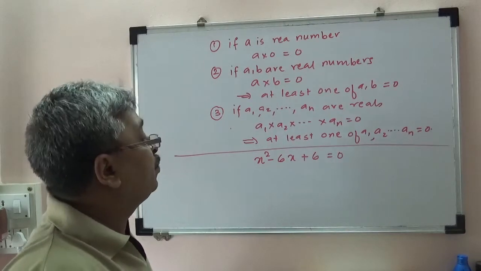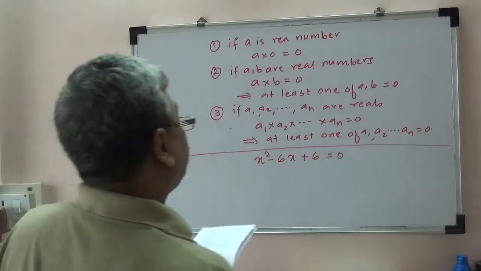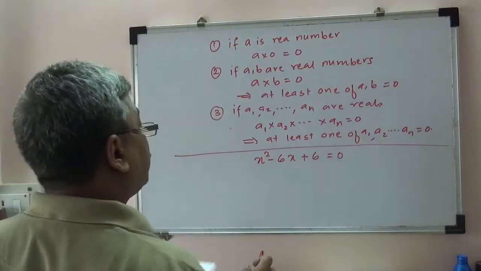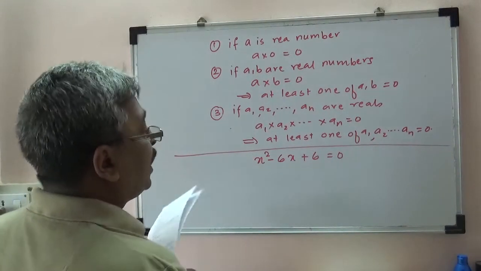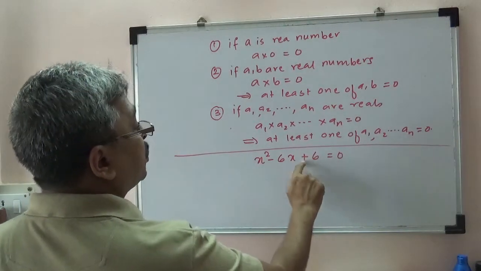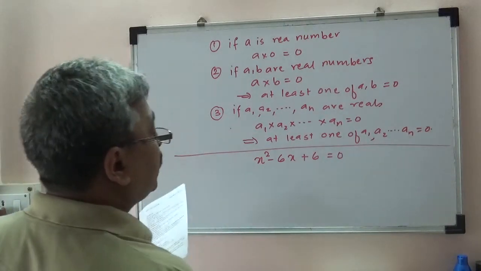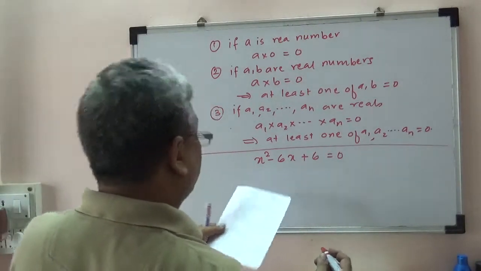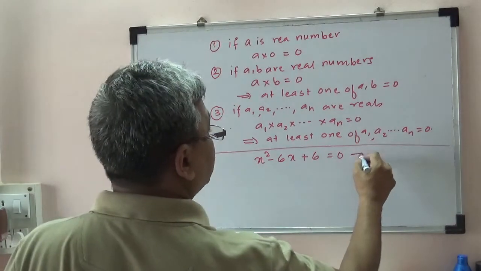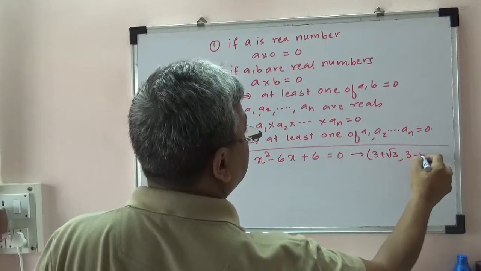The problem here is that I don't have any two factors of 6 which add up to 6, and therefore it is going to be difficult to find the roots. The roots of this actually are 3 plus root 3 and 3 minus root 3.